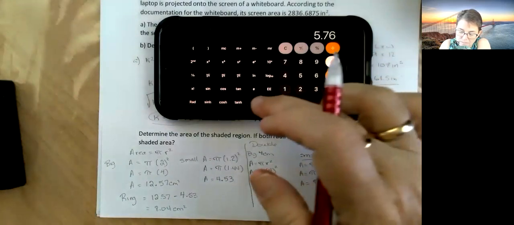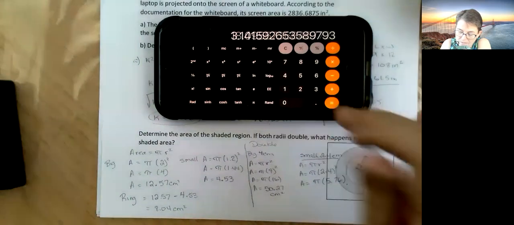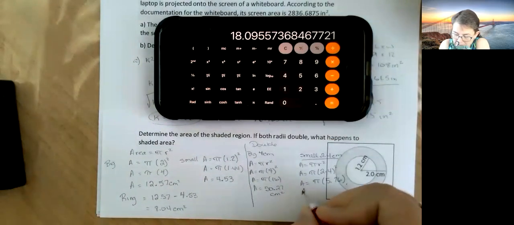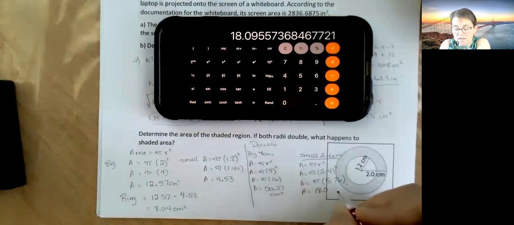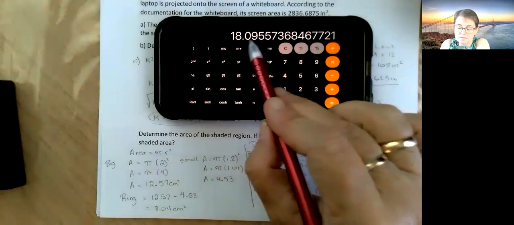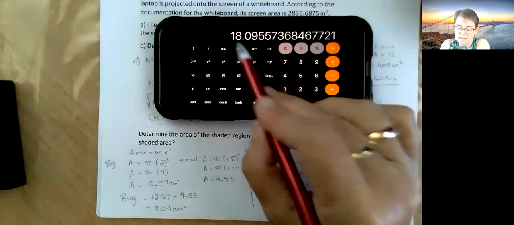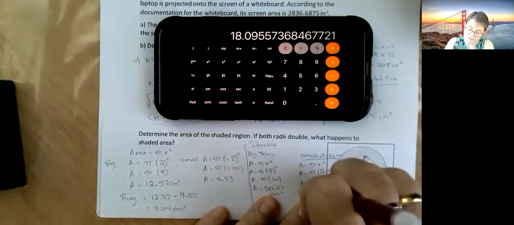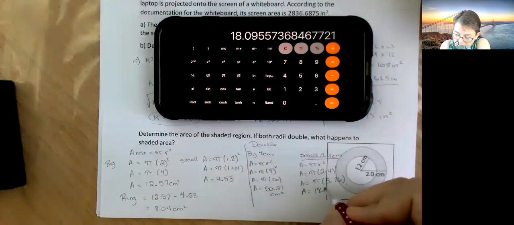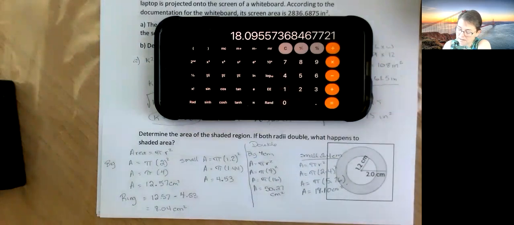So we'll just go times pi, equals. Area is equal to 18.09... uh-oh. Okay, but that 5 makes the 9 go up, and that makes a 10, so it's actually 18.10.